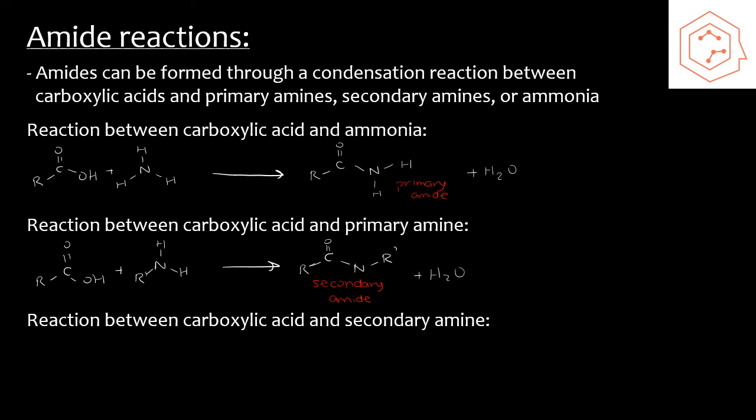So finally, when we react our carboxylic acid with a secondary amine, so here our nitrogen is now bonded to two possibly different alkyl groups, then we would form a tertiary amide, where the nitrogen is now fully bonded to three different carbon atoms. It is no longer bonded to any hydrogen atoms. And again, we would form water during this process.